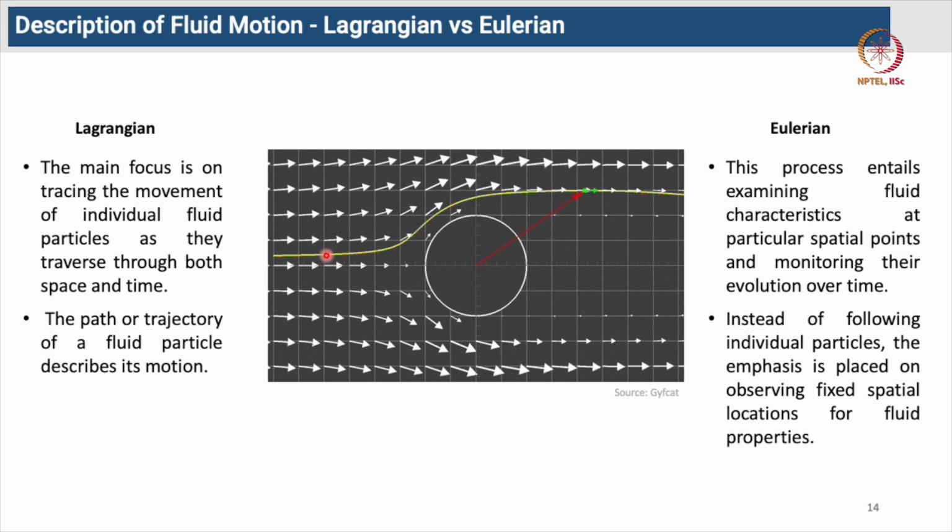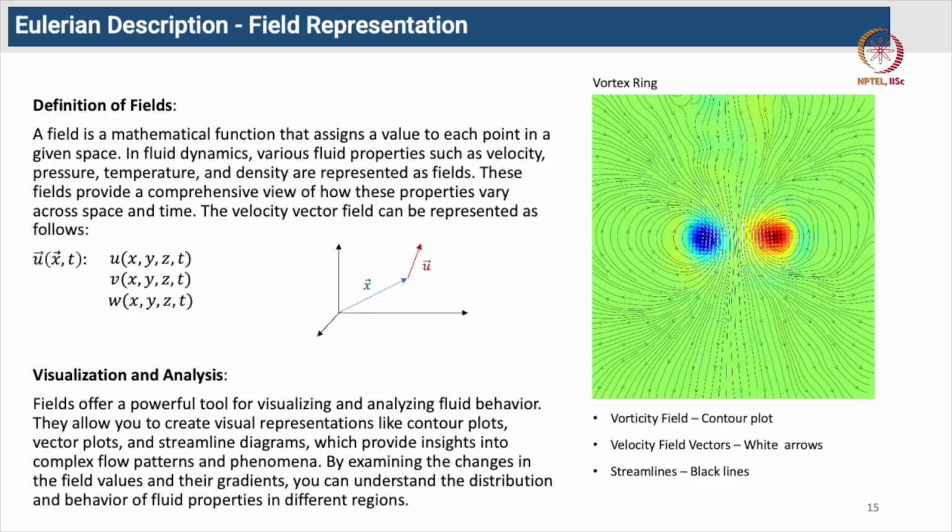This is the path of the trajectory, for example, of a fluid particle that describes the motion. Eulerian, however, is that you monitor certain spatial points and monitor the evolution of the fluid characteristics at those points. So instead of following individual particles, the emphasis is placed on observing fixed spatial locations for the fluid properties. So that is Eulerian for you.